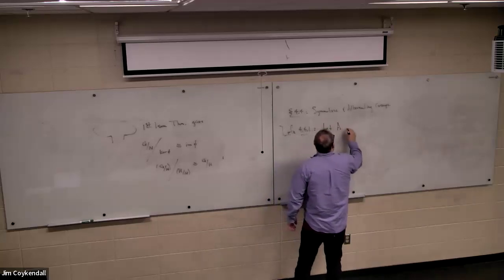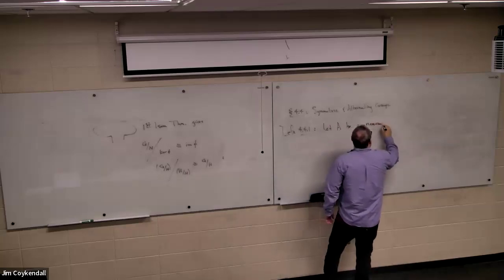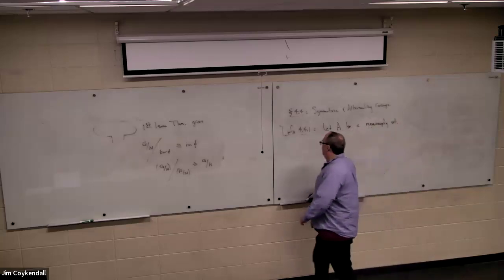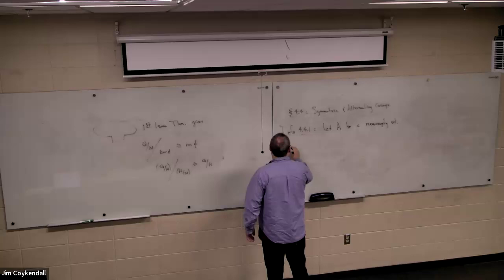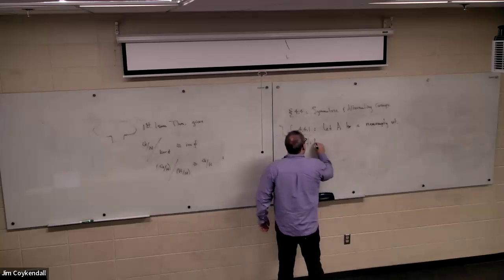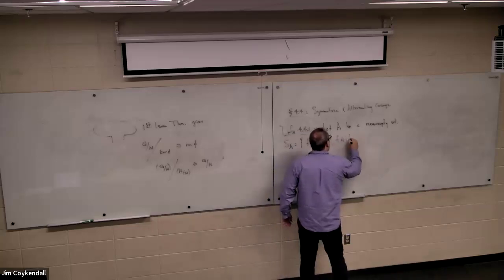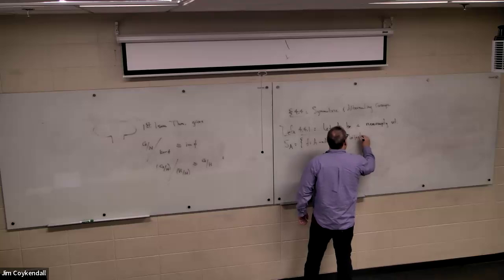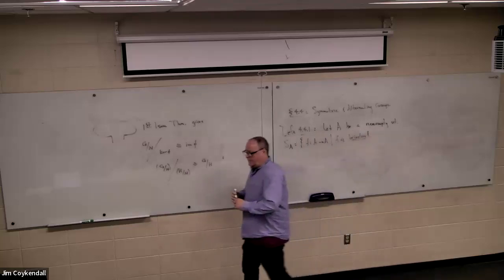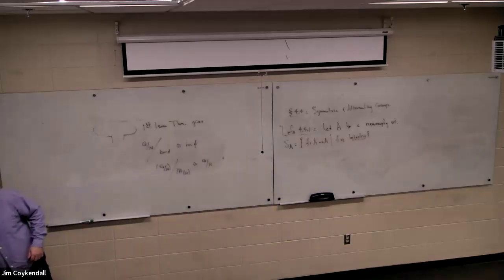Let A be a non-empty set. Then SA is the set of f from A to A, such that f is bijective, one to one and onto.